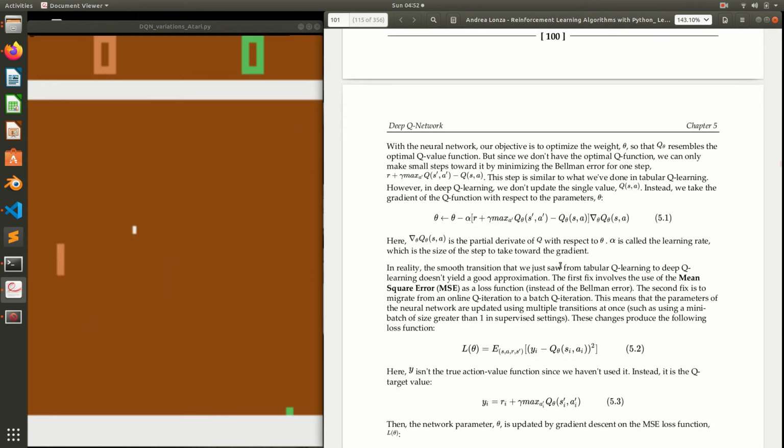Now, to get the update of the parameters of the neural network, we have to make an optimal approach based on the loss function to minimize the error of the outputs of the network.